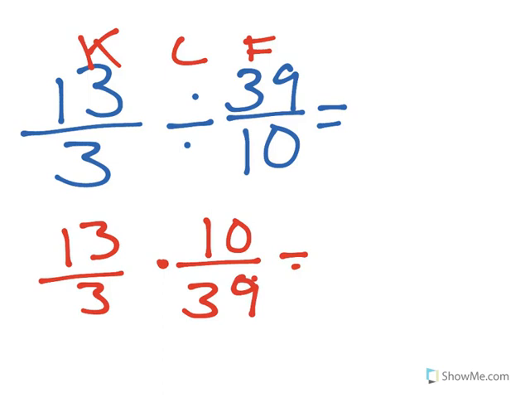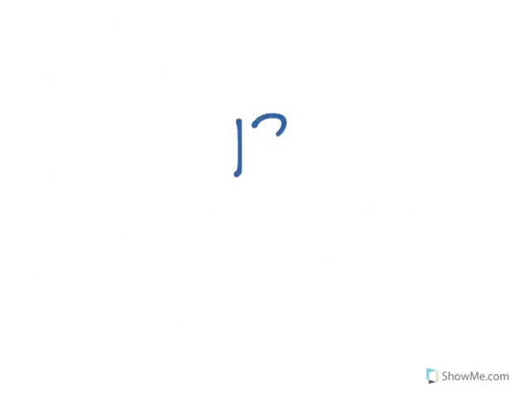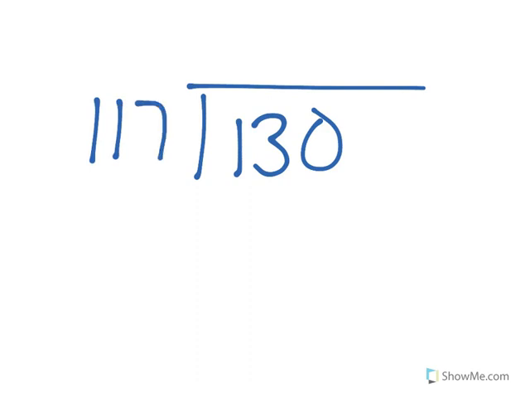So first I'm going to multiply 13 times 10, which is 130. And now I'm going to multiply 3 times 39, which is 117. Now, 130 over 117 is correct, but I do have to simplify it. So 130 is my dividend. 117 is my divisor.